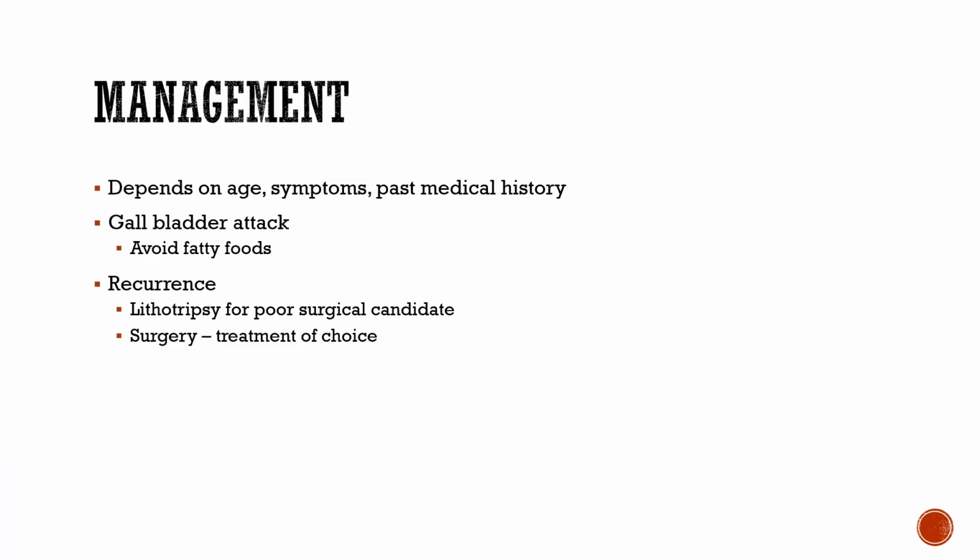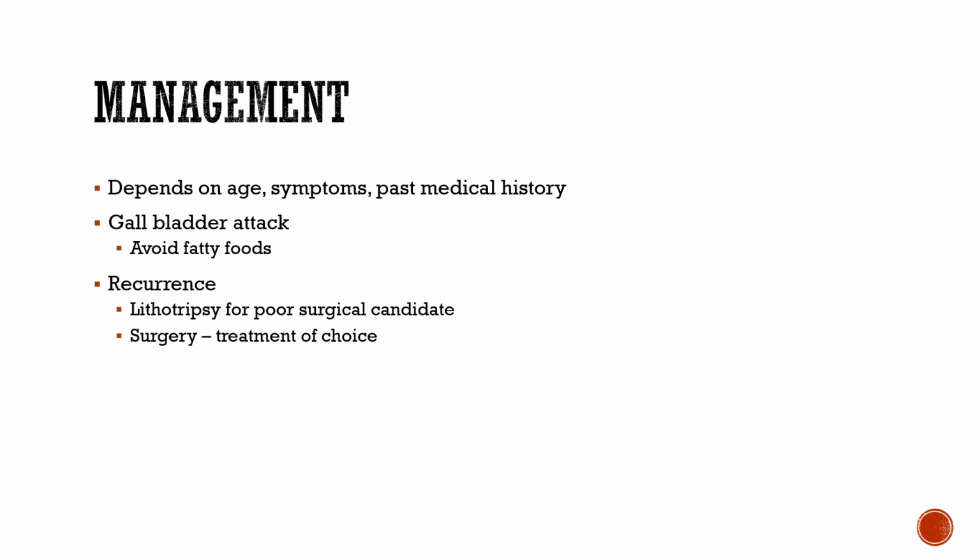The management of acute gallbladder depends really on the symptoms and the past medical history. Do they have a history of gallstones? Is this not a new thing for them, or is this an acute attack? If it's a gallbladder flare-up, then sometimes we can settle them down and send them home, avoiding fatty foods.